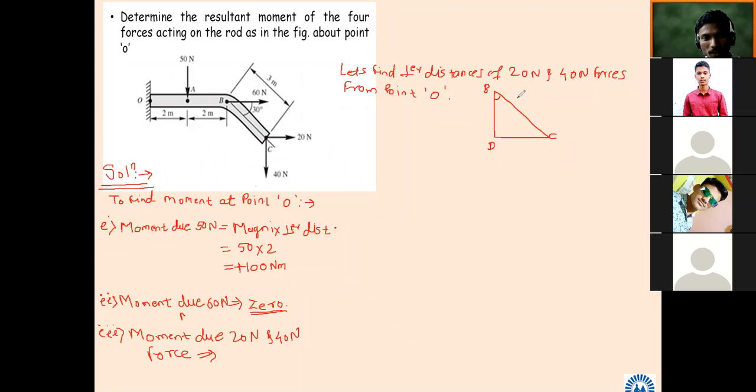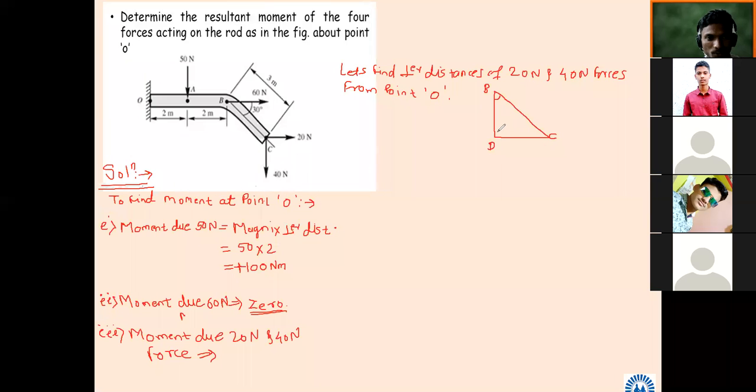Whoever has answered 30, the 30 degree angle is given with the horizontal. From this to this, the angle given is 30. So what will be this angle? 60 degree.